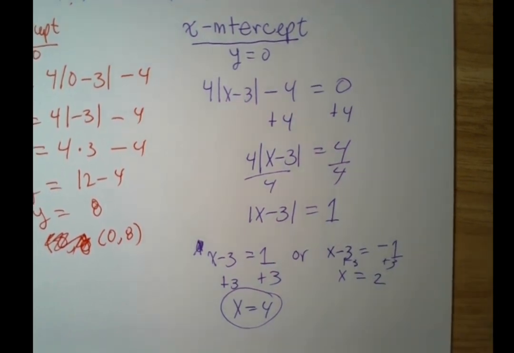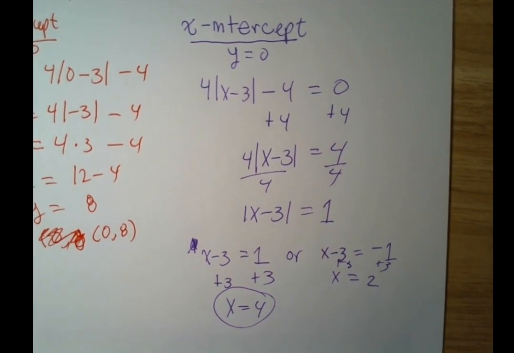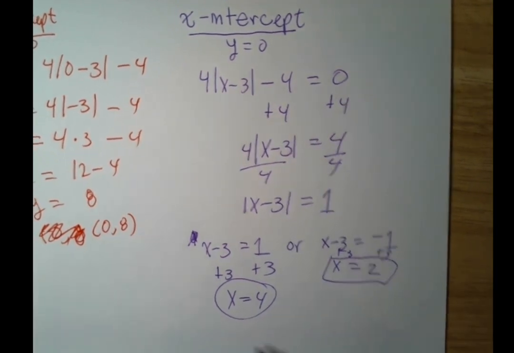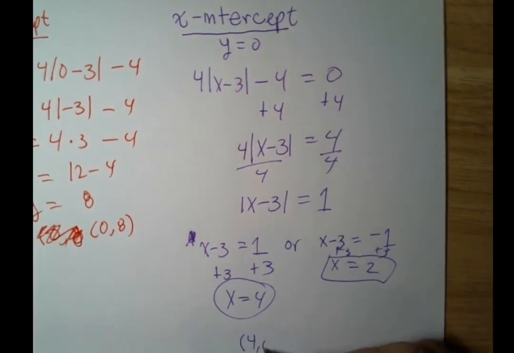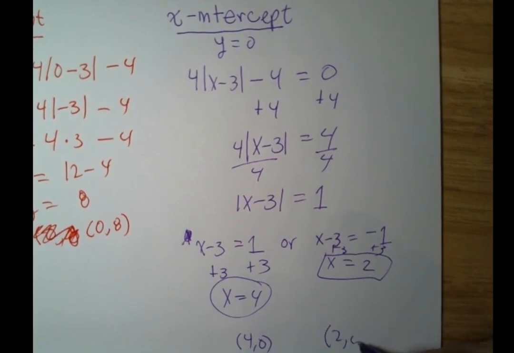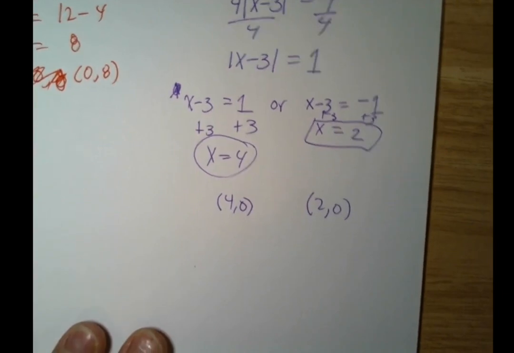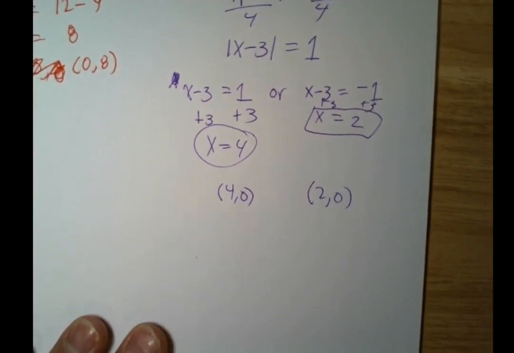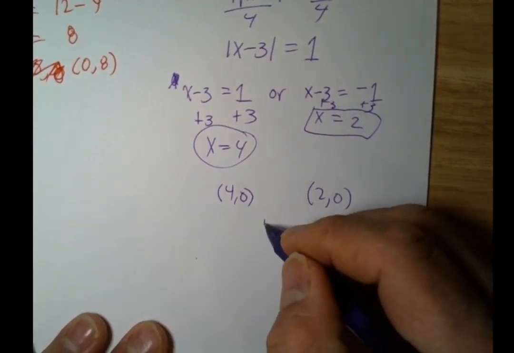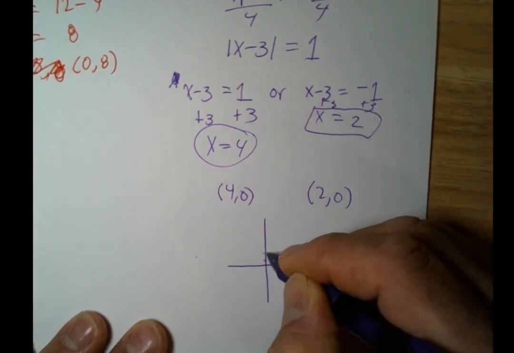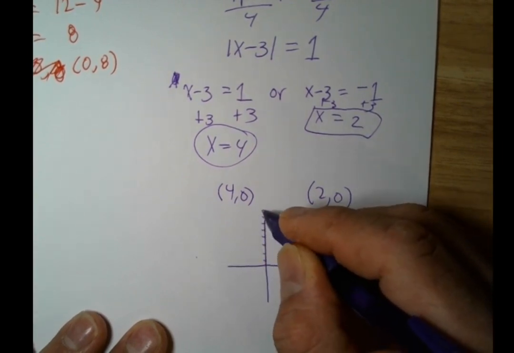And that's how we would solve this equation here. And actually, let's write it in proper coordinate pair form. So those are my two coordinate pairs. I do have a rough sketch of what the graph possibly looks like here. 1, 2, 3, 4, 5, 6, 7, 8.